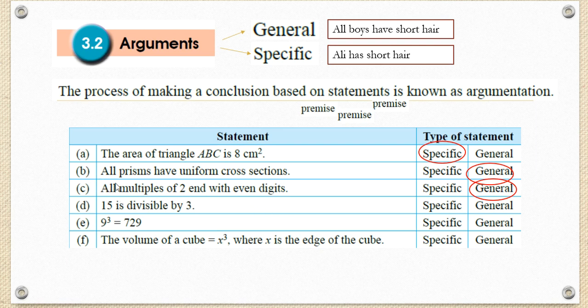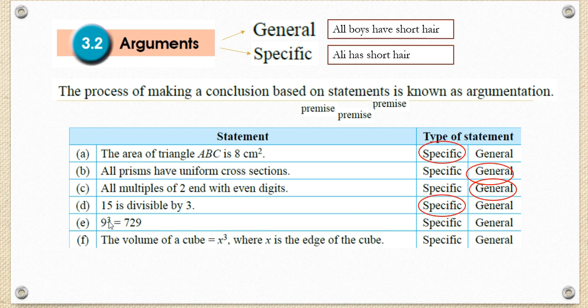No, it's all. Okay, 15 is divisible by 3, correct. But is it specific or general? This statement is only for the value 15, so it's a very specific statement.